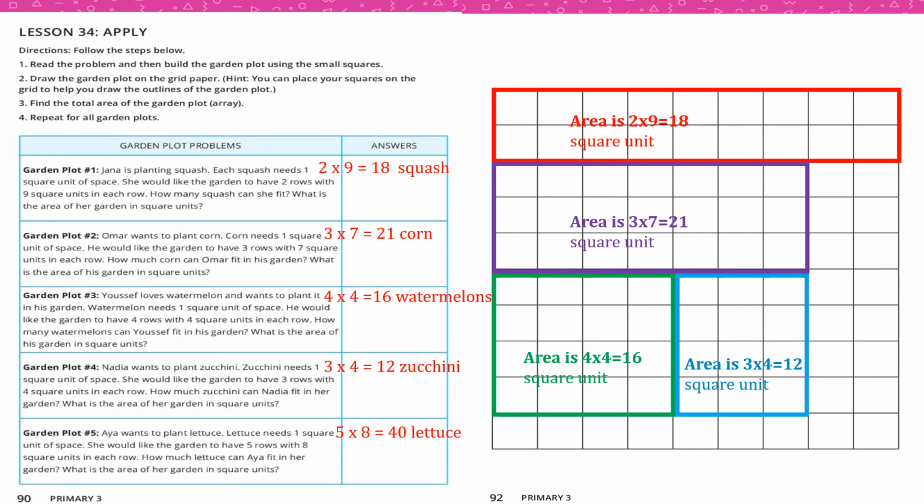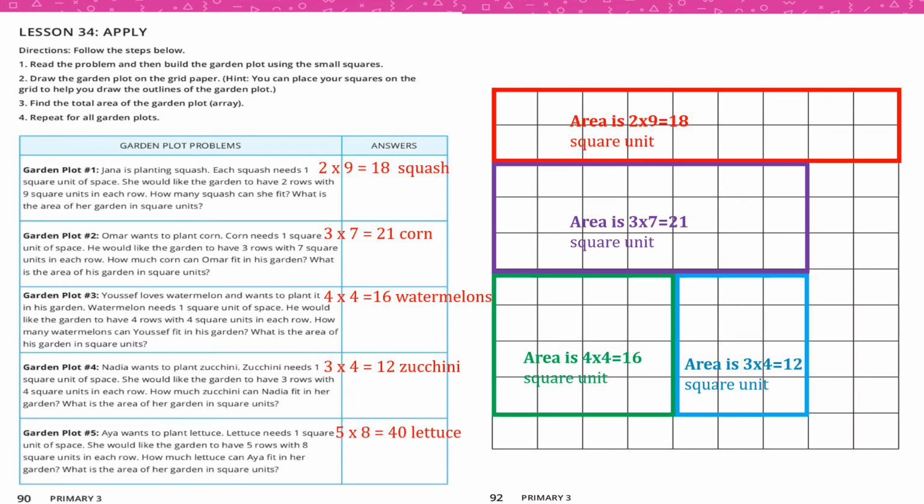Number 5, the last one. Aya wants to plant lettuce. Lettuce needs 1 square unit of space. She would like the garden to have 5 rows with 8 square units in each row. How many lettuce can Aya fit in her garden? 5 rows with 8 square units.